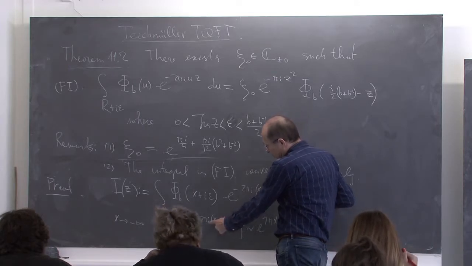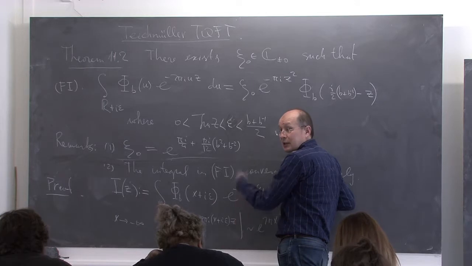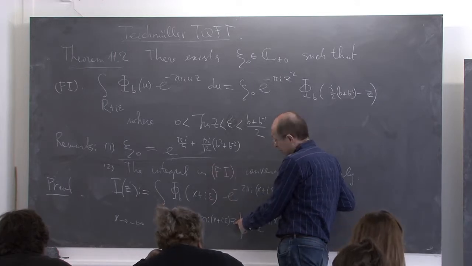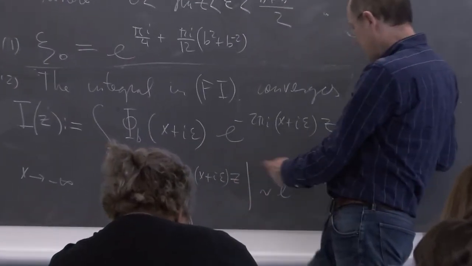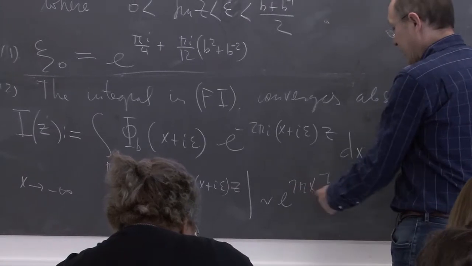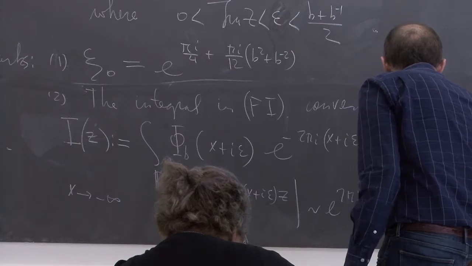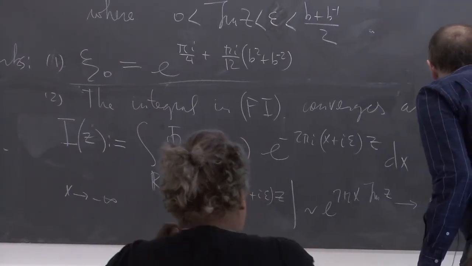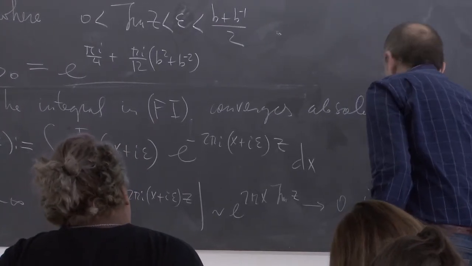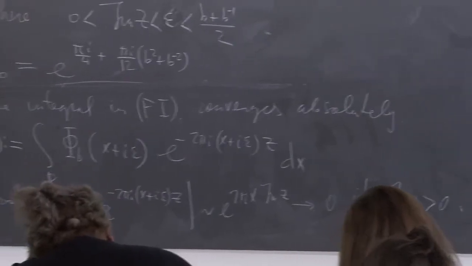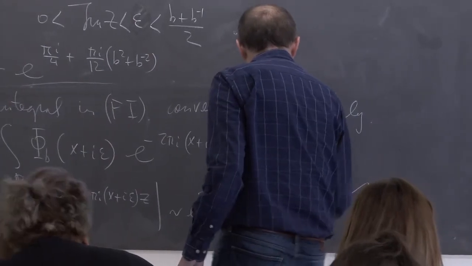So we have minus i times x, and the real part is just the oscillating part. So we get plus i times the imaginary part, minus i and i become plus 1, so we get the coefficient 2π x times the imaginary part of z. And so this goes exponentially to 0 if the imaginary part of z is positive, because x goes to minus infinity.